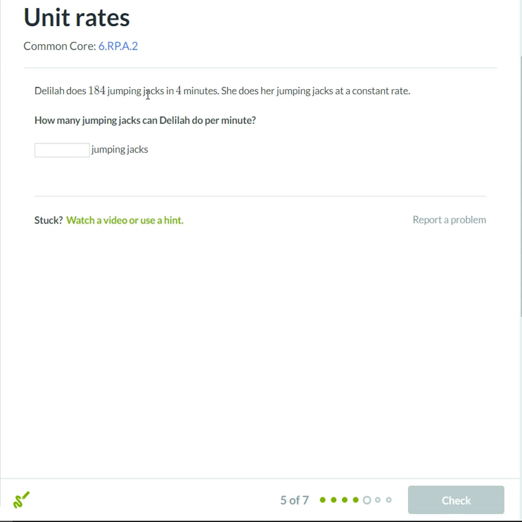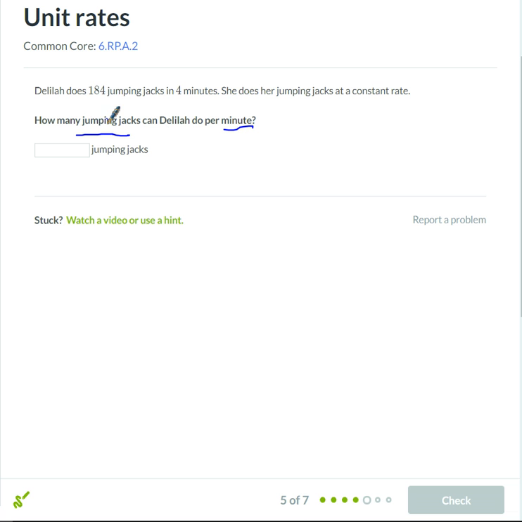Delilah does 184 jumping jacks in 4 minutes. She does her jumping jacks at a constant rate. How many jumping jacks can Delilah do per minute? So again, I go to the question, I see jumping jacks and minutes.